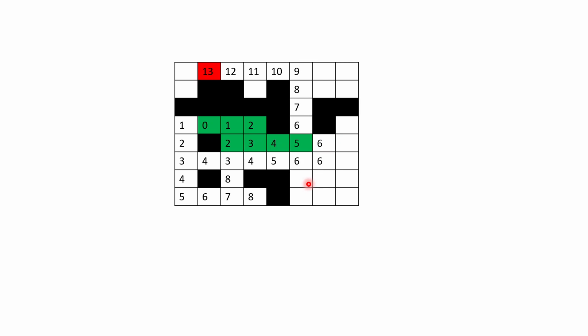So we go upwards, 6, 7, 8, 9, and after reaching ninth, to get to the destination point it moves towards the left, that is 10, 11, 12, and 13. That's the basic functionality of the Grassfire algorithm.